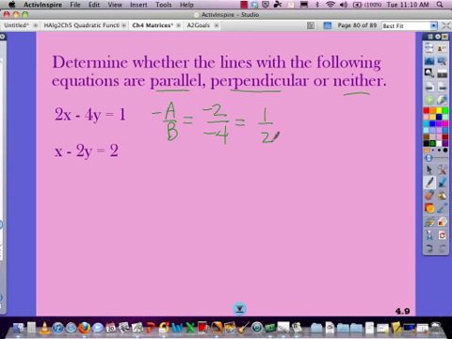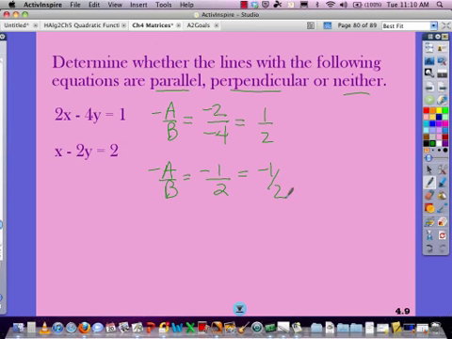Go to the second line. Same thing, opposite A over B is my shortcut. And we would take the opposite of A is -1 over B, which is 2. And so we get a slope of -1/2.